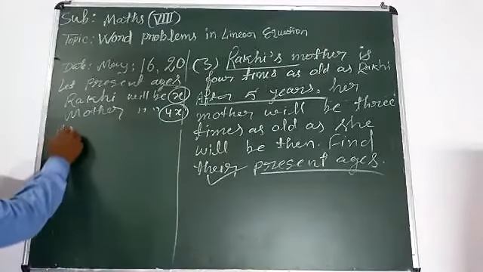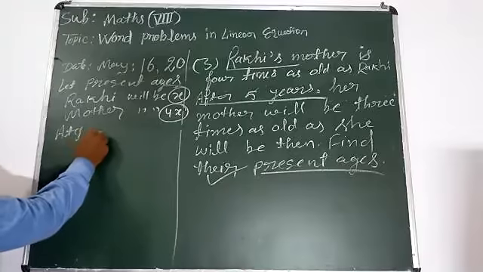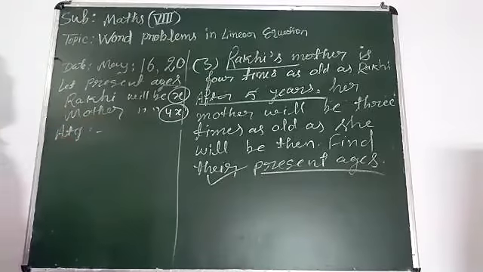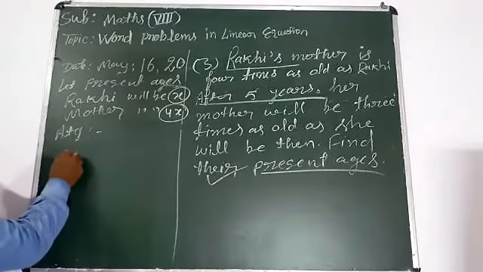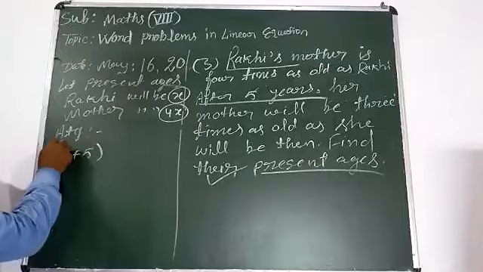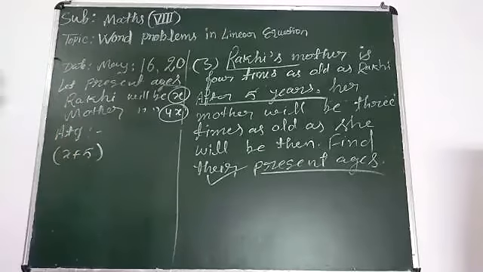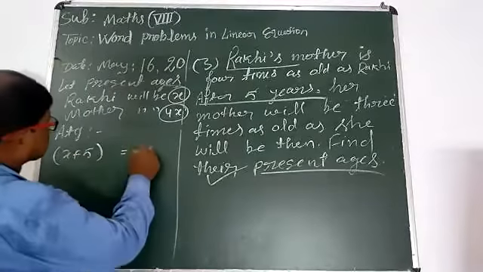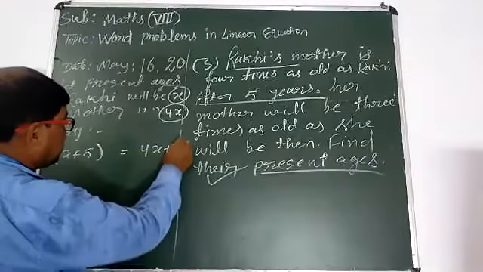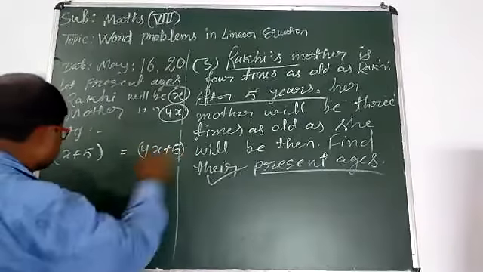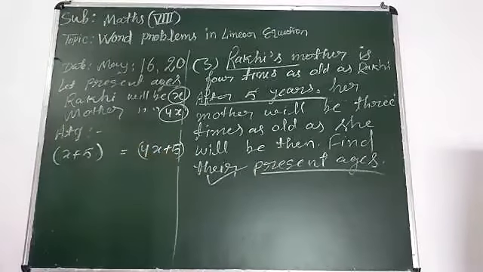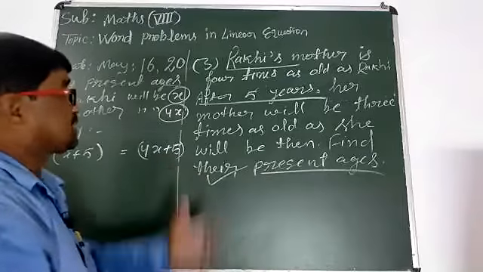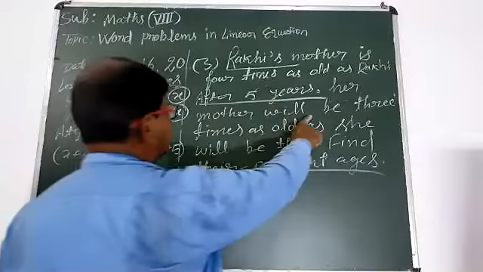According to the question, Rakhi's age after 5 years is x plus 5, and mother's age after 5 years is 4x plus 5. No doubt in it. But the condition is what?